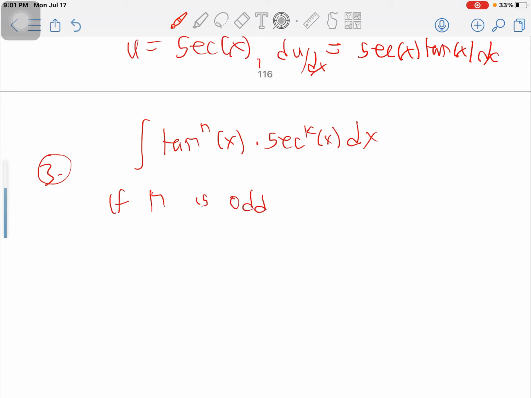if your n is odd, where your n is greater or equal to 3, which means n can be 3, n can be 5, n can be 7, n can be 9, and so on and so forth, right?